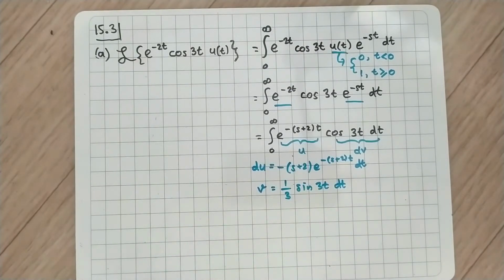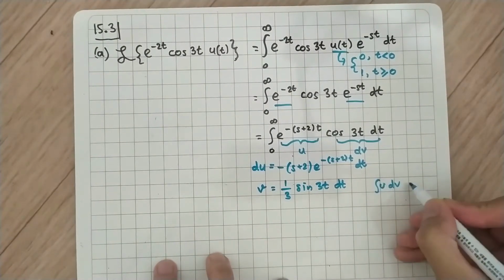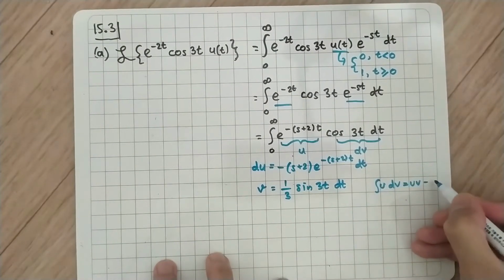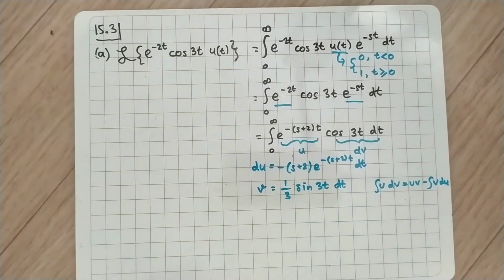Okay, now we need to plug into the integral of u dv is equal to uv minus the integral of v du. Okay, let's plug all of the parts into this formula and let's see what we get.